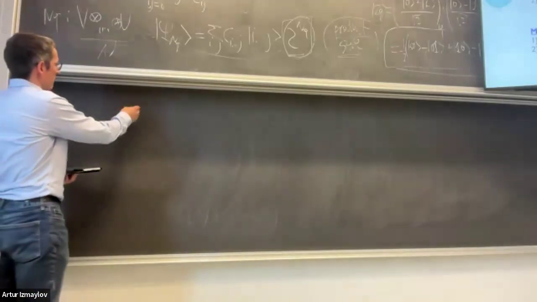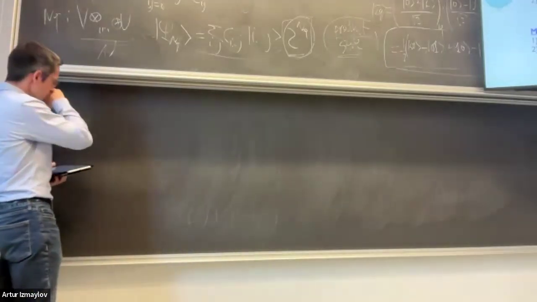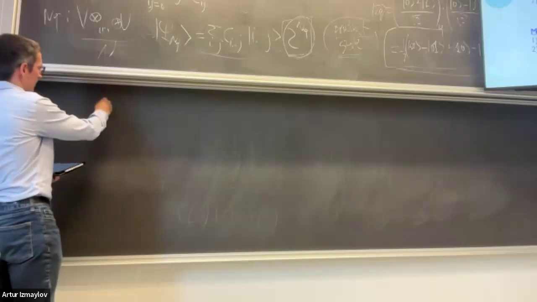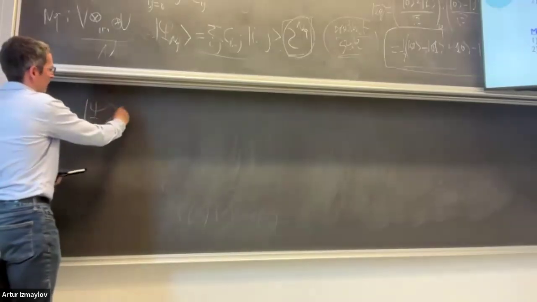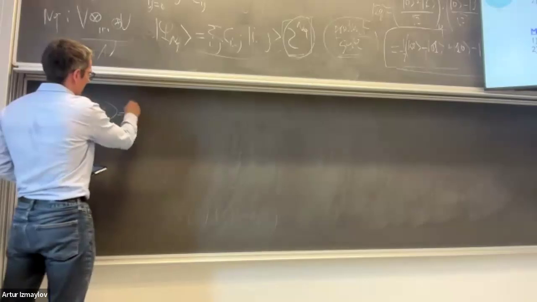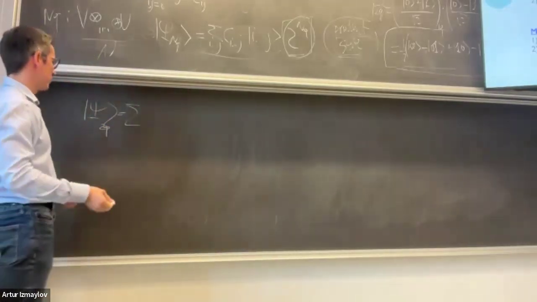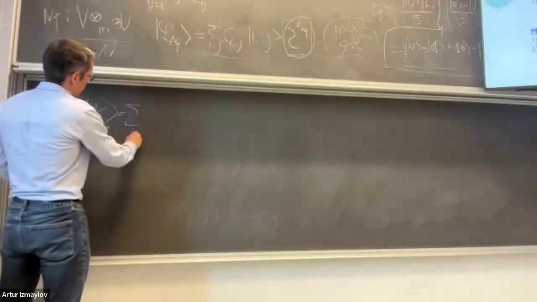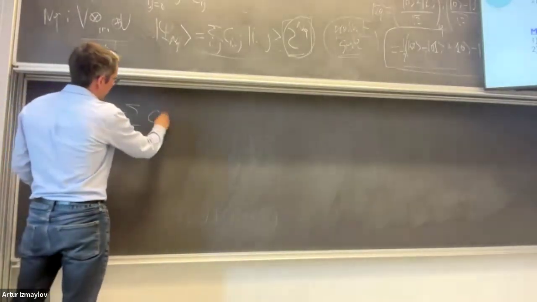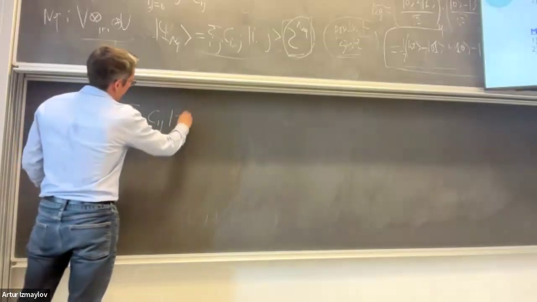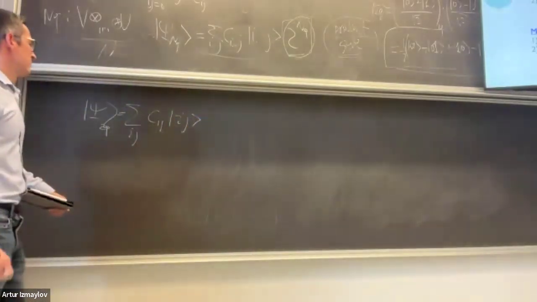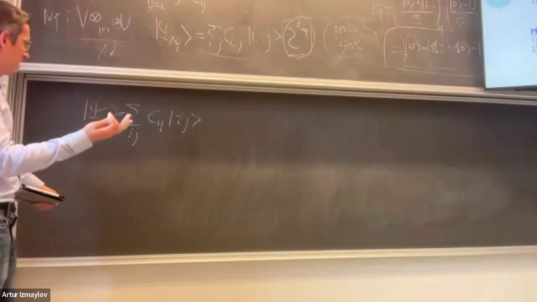Let's say we have a wave function for 2 qubits, and then we'll talk about generalization. For 2 qubits, we have the sum of Cij times ij. This is a 2-qubit state.